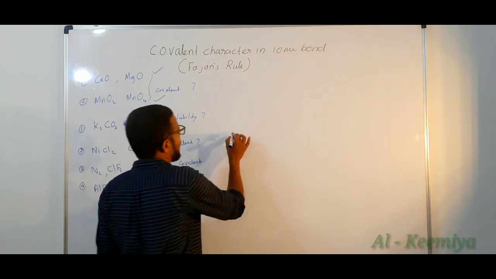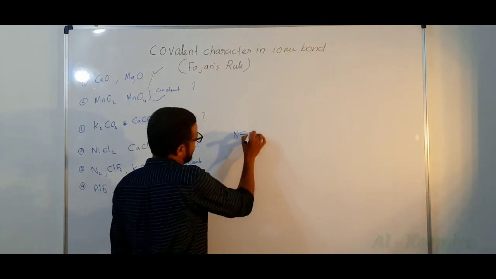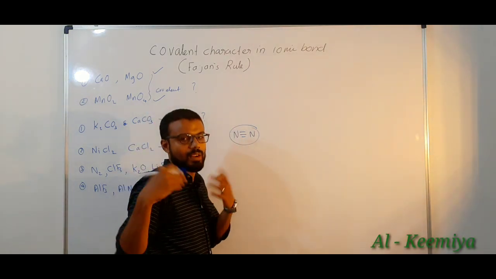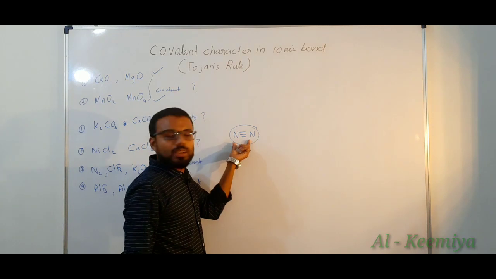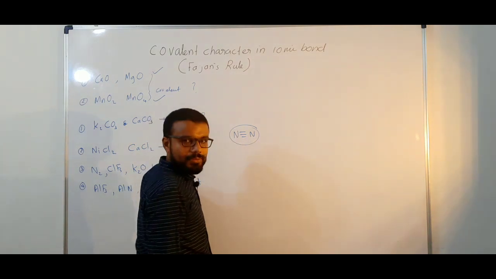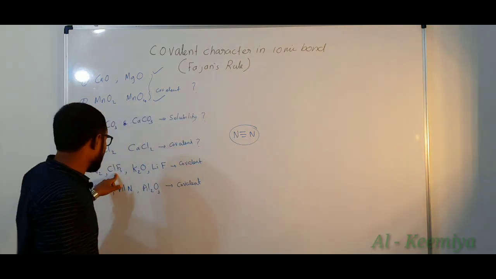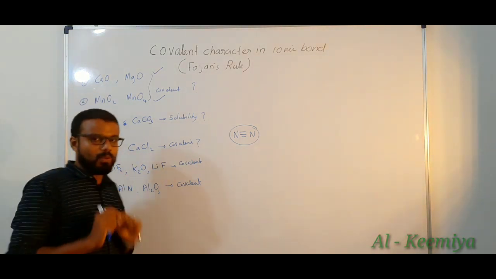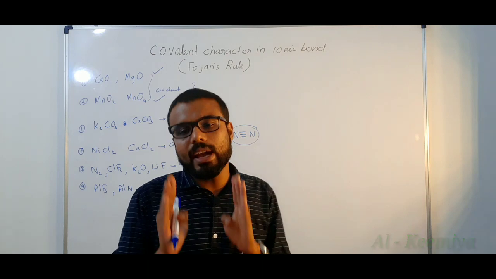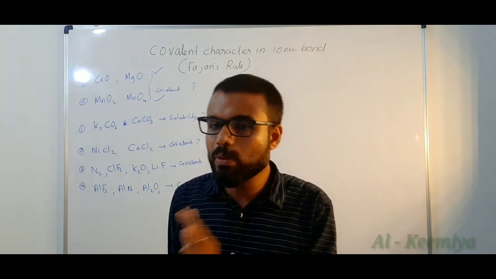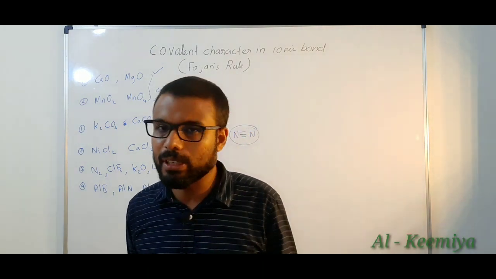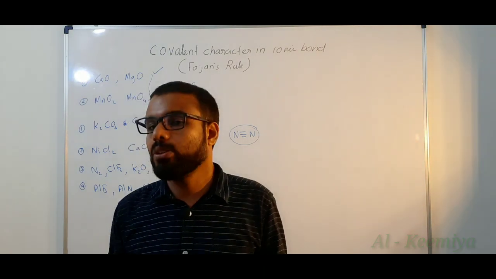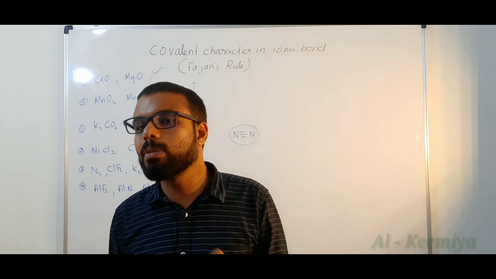Covalent character. N2 both atoms are what? Similar. All homodiatomic molecules are non-polar, highly what? Covalent. So this is highly covalent. Next, ClF3 ionic or covalent? See, remember one thing, when a metal and non-metal combine, it will be what? Ionic. Two non-metals combined together, it will be what? Covalent.